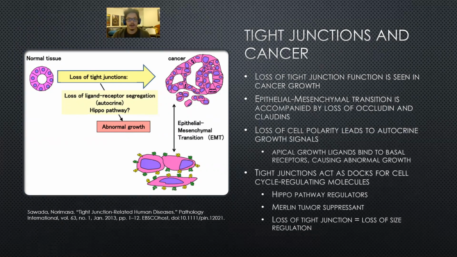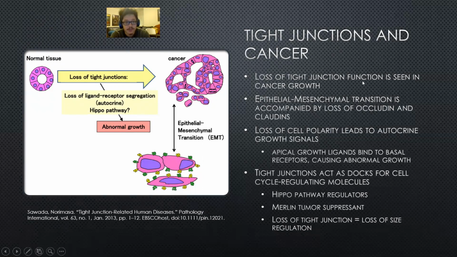The other aspect of this loss of tight junctions is that the Hippo pathway regulators, which is this pathway that controls the growth of organs, and Merlin gene tumor suppressors that prevent the development of tumors, have nowhere to bind to if these tight junctions are not there. So this also adds to the uncontrolled cell growth, and then we get what is called epithelial mesenchymal transition.